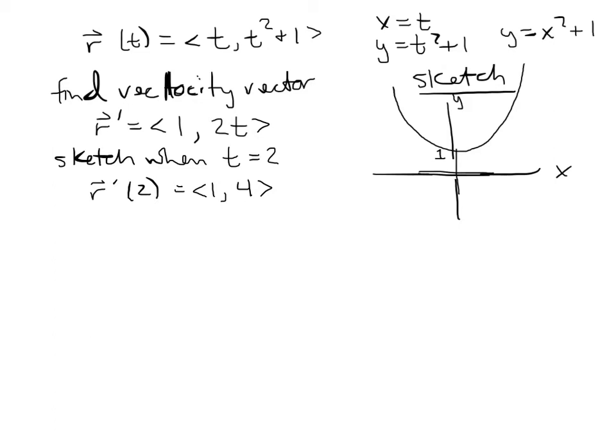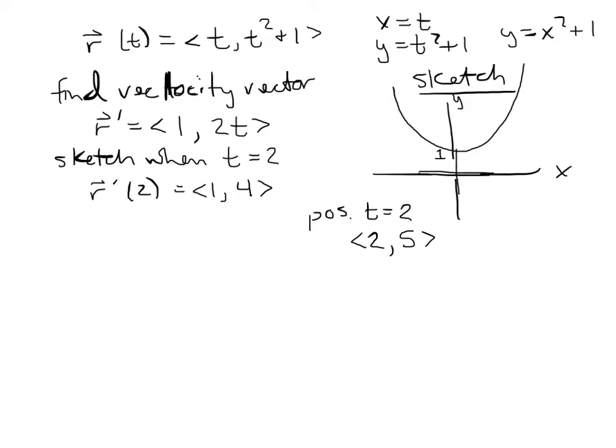If we find the position when t is equal to 2, I've got to plug that t equals 2 back into the position here, so that would give me the vector 2, and then 2 squared is 4, plus 1 is 5.